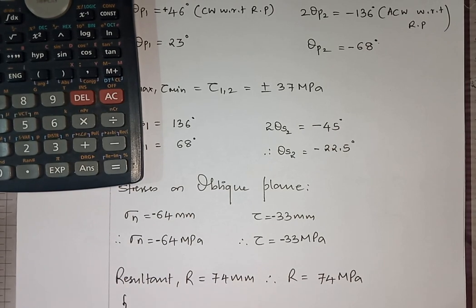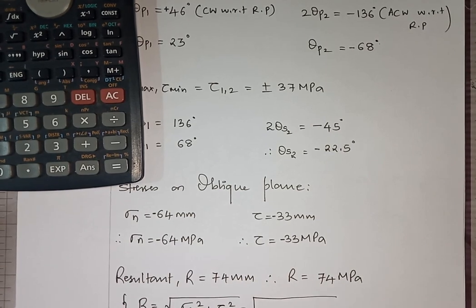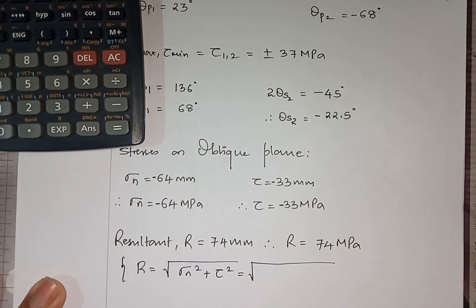Just to confirm by the analytical method, R is given by the square root of sigma n square plus tau square. You need not do this in your examination, it is just for confirming things.